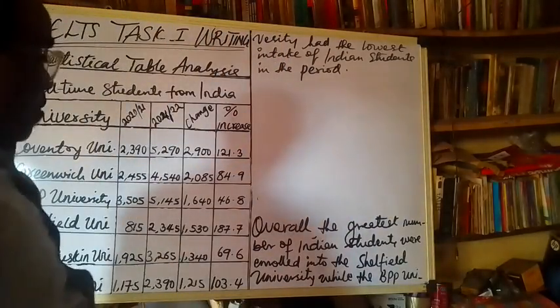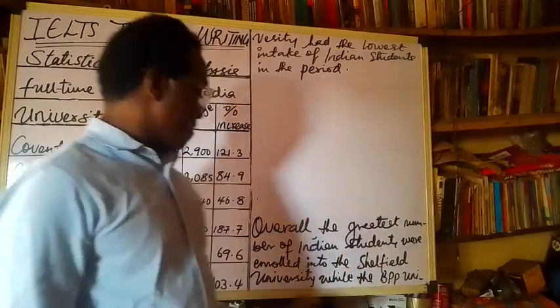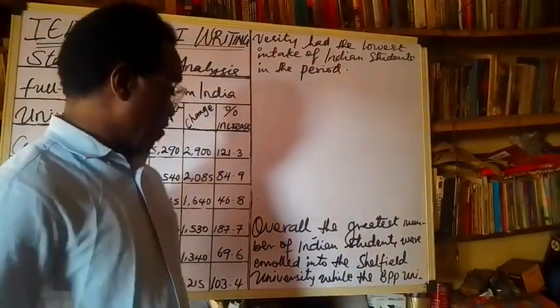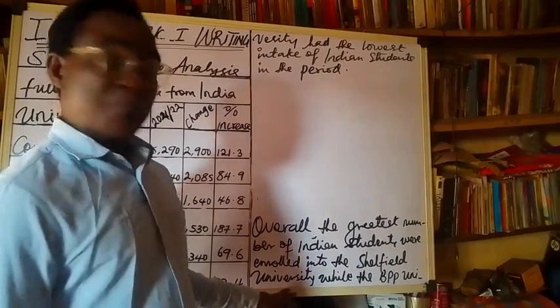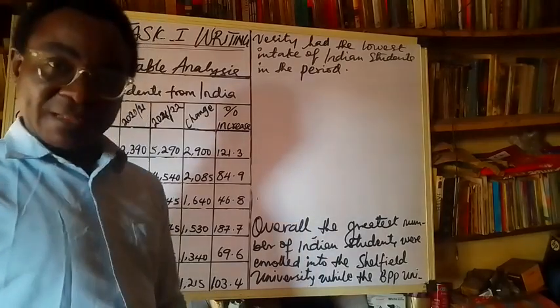It says, overall, the greatest number of Indian students were enrolled into the Sheffield University, while the BPP University had the lowest intake of Indian students in the period.